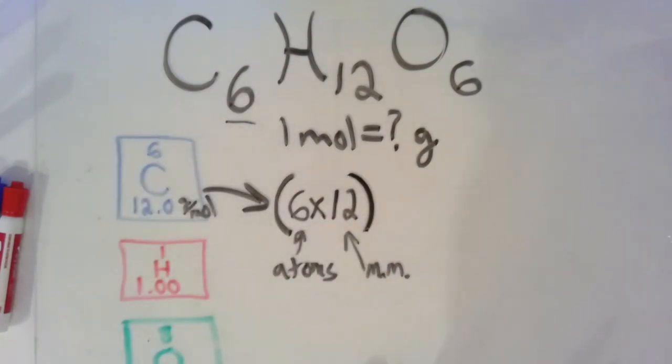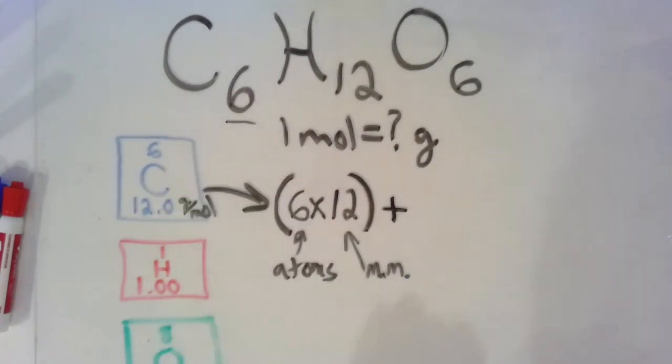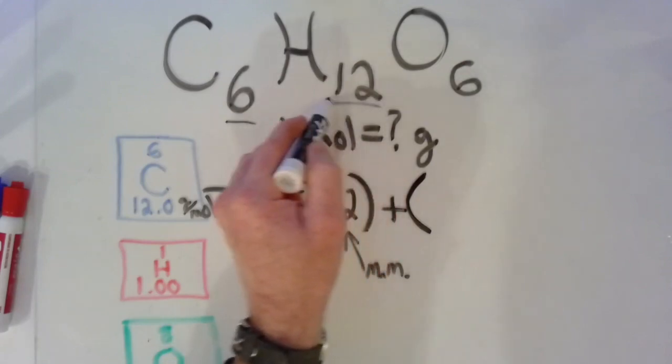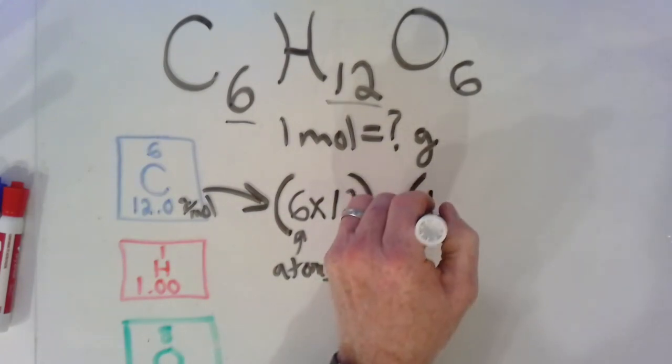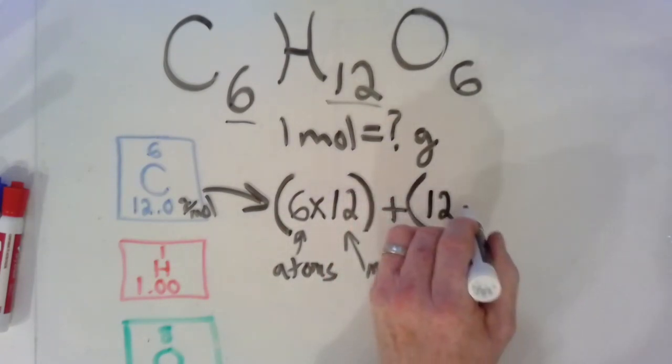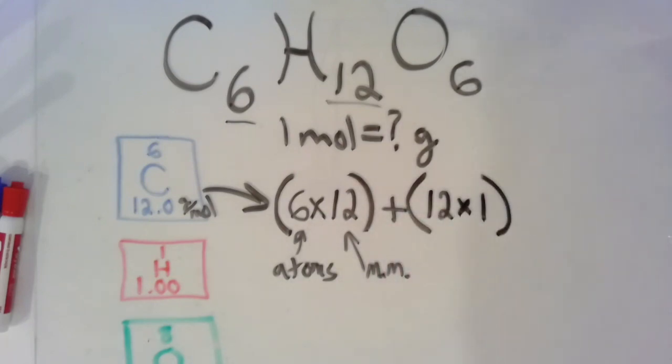Close parentheses. We're now going to add that to our hydrogen. Our hydrogen has 12 atoms of it, and they all weigh 1 gram per mole. So 12 atoms times 1 gram per mole.